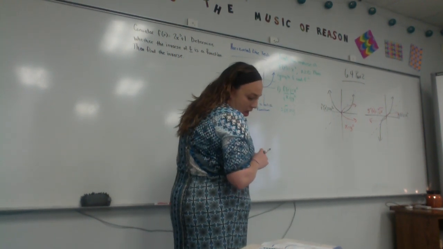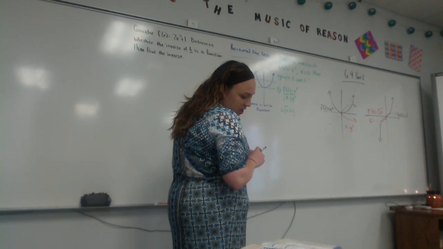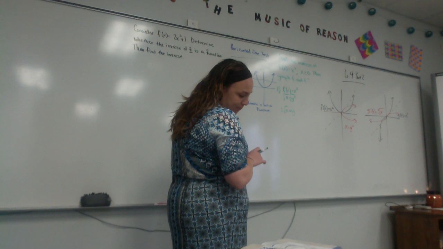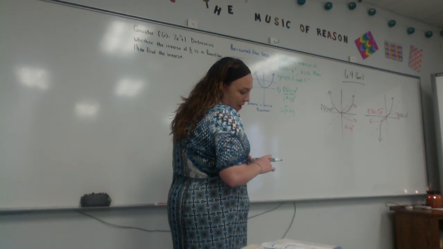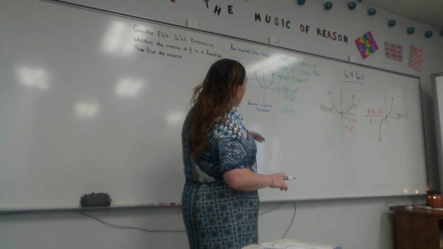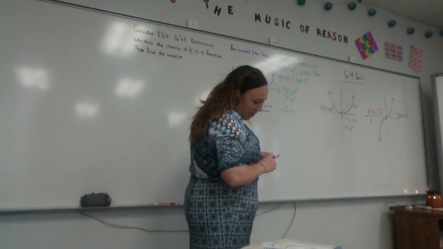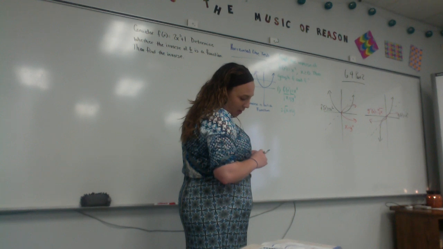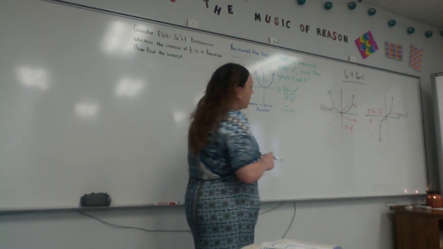Now that I know my inverse function, I can start to graph both of these things. We know that the domain of f is restricted to non-negative values of x. So the range of the inverse of f must also be restricted to non-negative values.